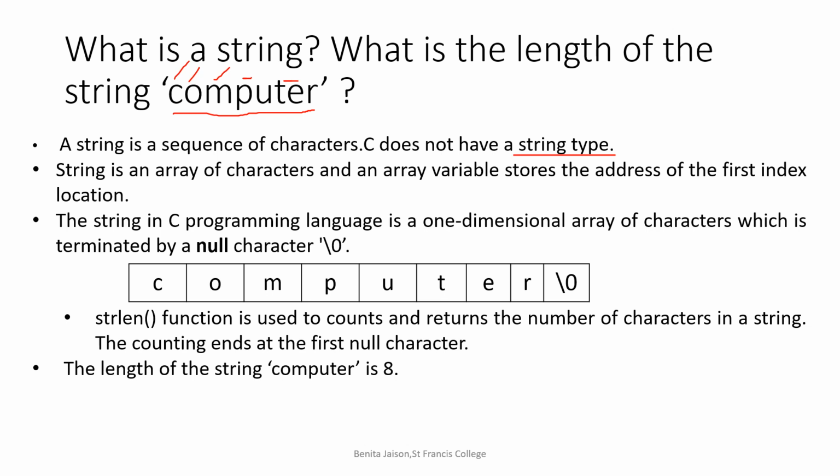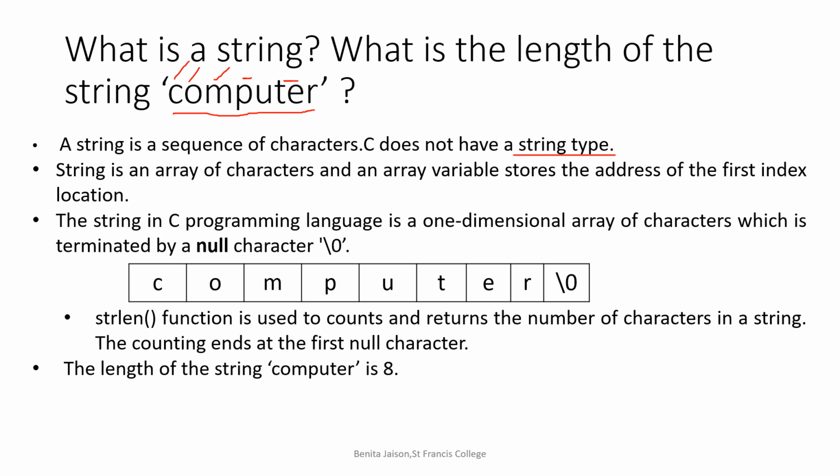So if you want to store a string, you have to declare a character array, and that array variable alone, if you are indicating, stores the address of the first index position. So if you want to access the first character, you have to index the array variable with the index number 0.